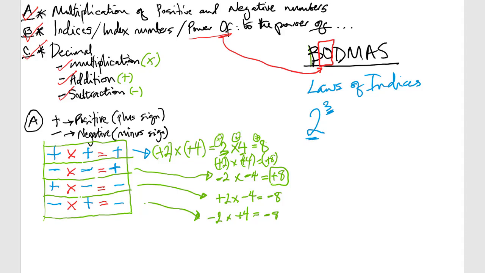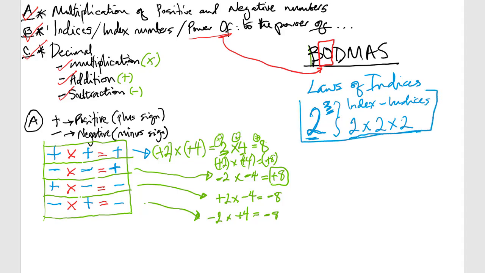The plural of index is indices. So what this means is that you have 2 times 2 times 2. That's 2 in 3 places. That's what it means. So that's explaining what index and indices mean.